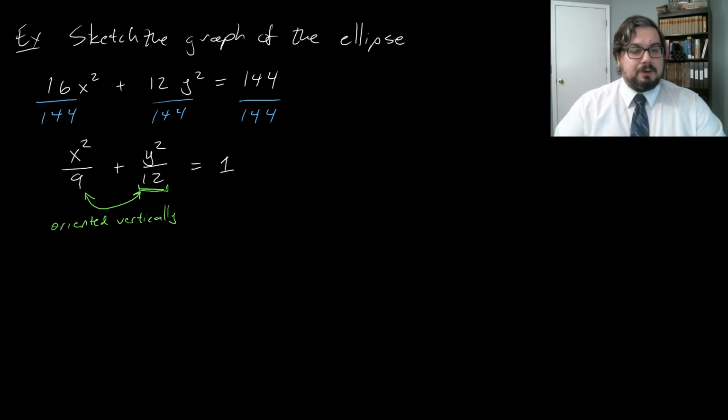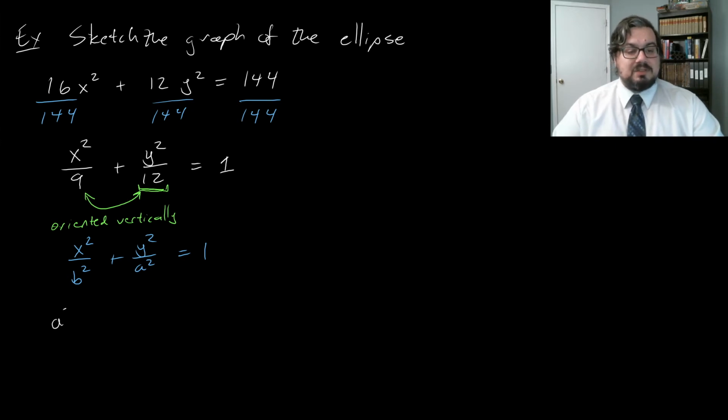Now, for a vertically oriented ellipse, our formula looks like x squared over b squared plus y squared over a squared equals 1. So that tells us that for us, a squared is equal to 12 and b squared is equal to 9. Now, a and b are always positive in this setup.